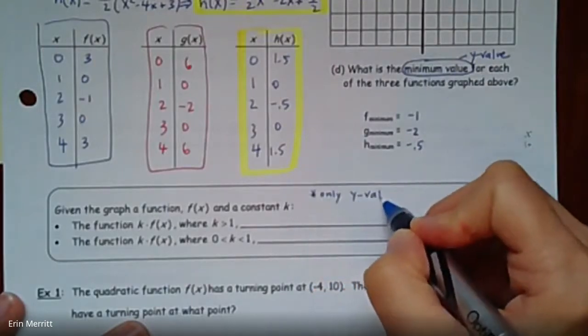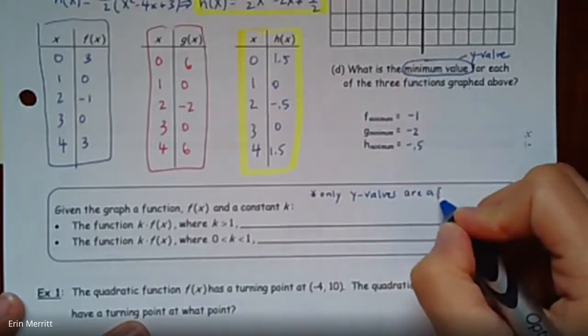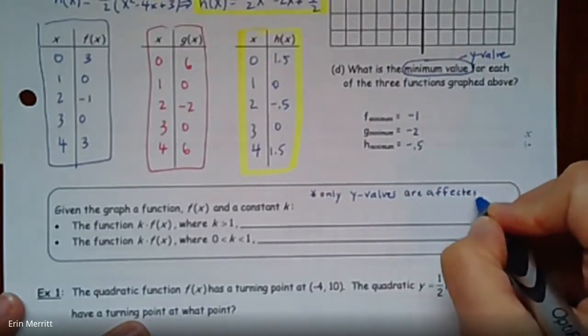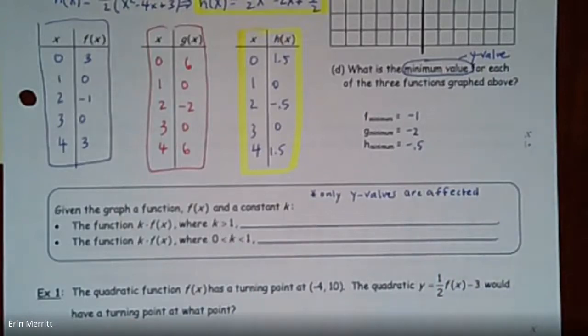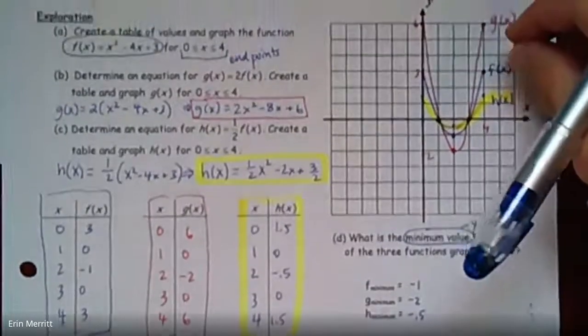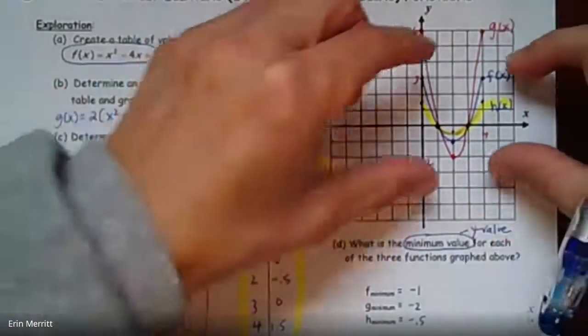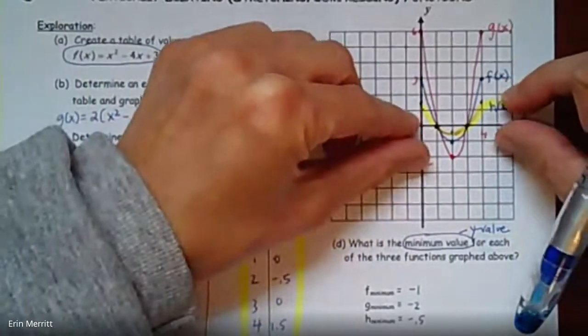Only the y values are affected. And now what can you say about it? Well, when we multiplied by a 2, basically the graph completely stretched out. When we multiplied by a half, the graph essentially gets squished or shrunk.